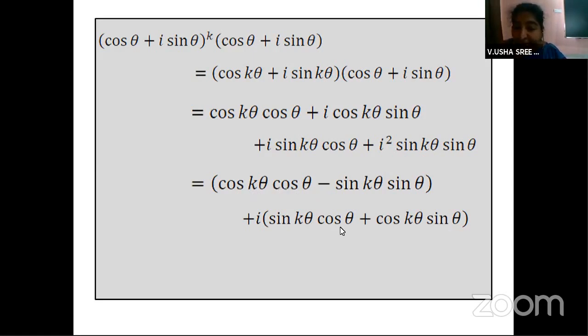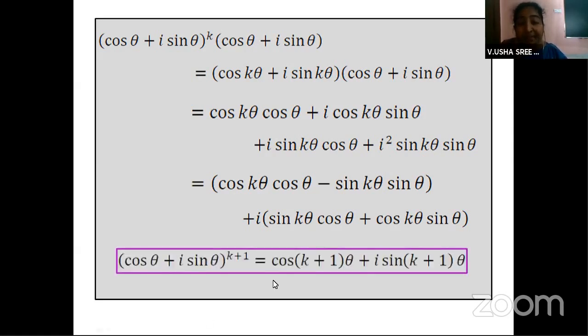And the second bracket sin A cos B plus cos A sin B is nothing but sin of A plus B form. So we can rewrite this statement by substituting the formula as cos of (k plus 1) theta plus i sin of (k plus 1) theta.